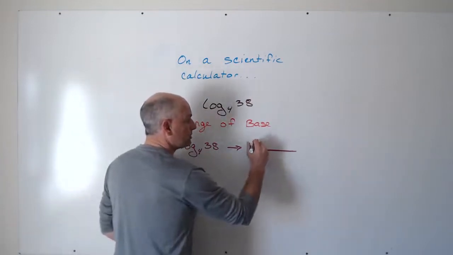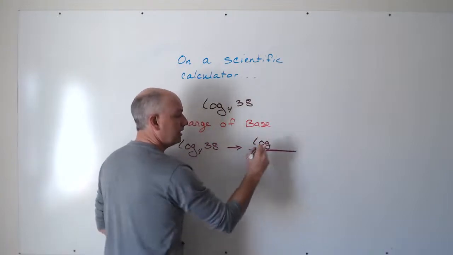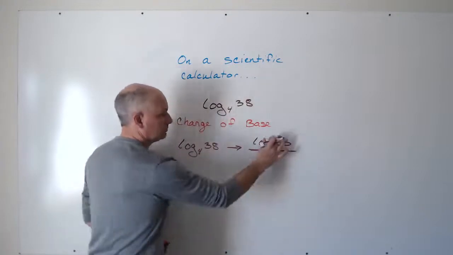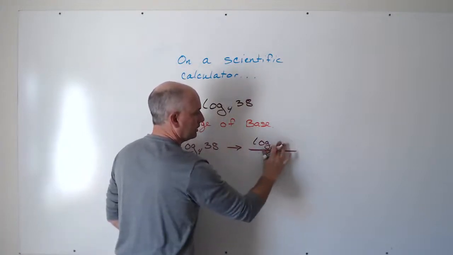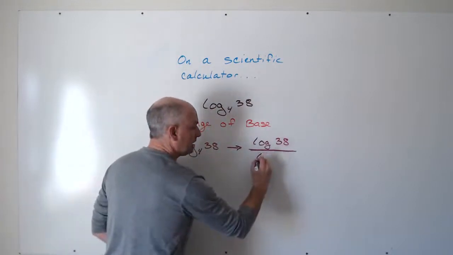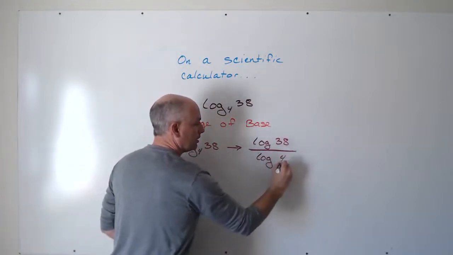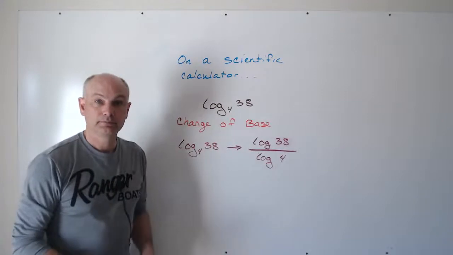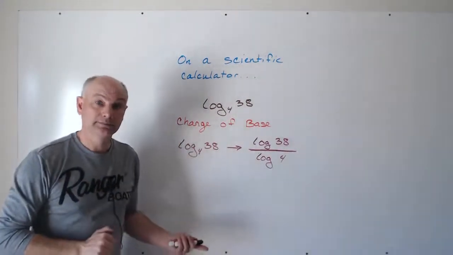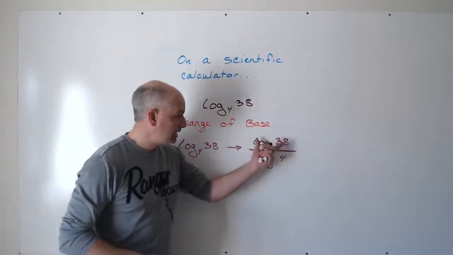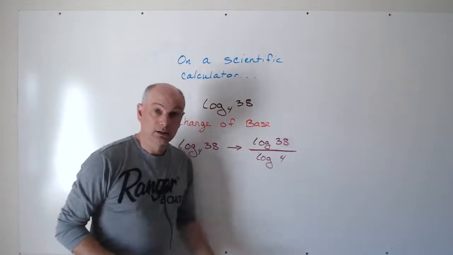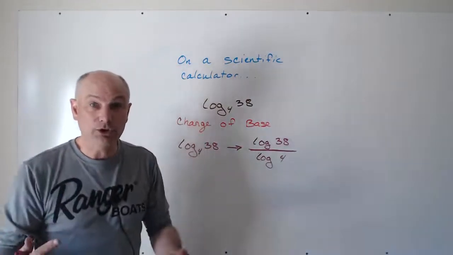So I'm going to do log base 10 of 38, and I'm going to divide it by log base 10 of 4. Now that makes it very nice to go to my calculator. I can now type in log 38, division bar, log 4, hit my equal sign, and I've got my result.